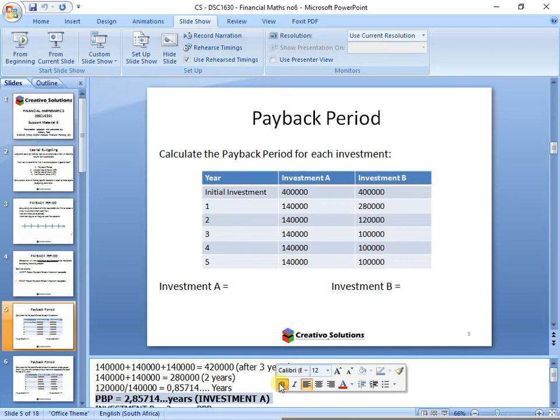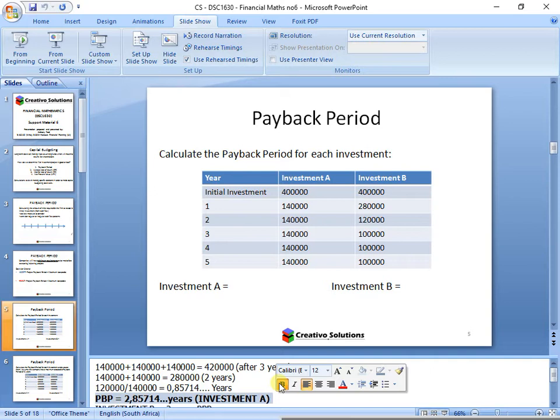I'm looking at when I pay back the initial investment. That's what I'm focusing on. So investment A is 2 years and 120 of the last year.